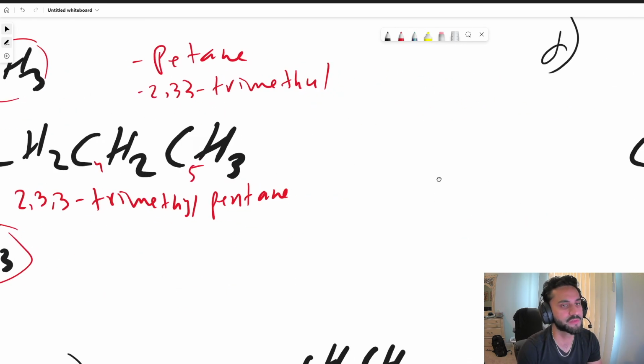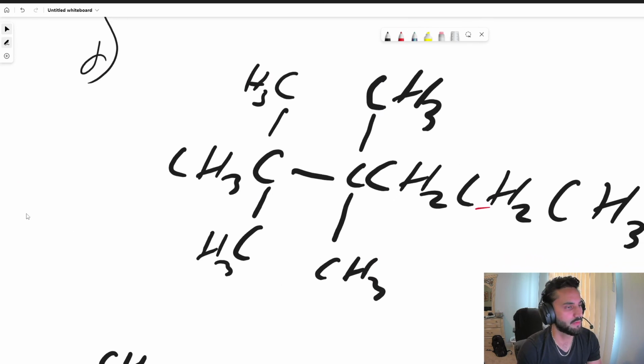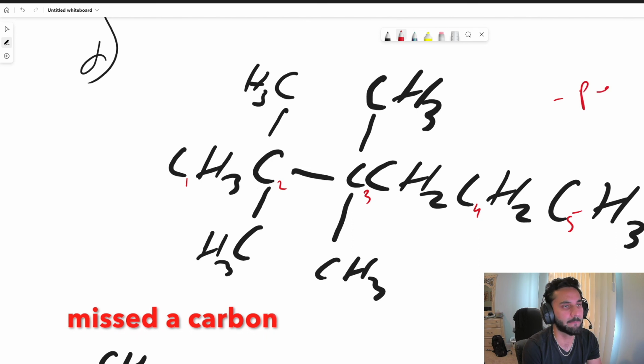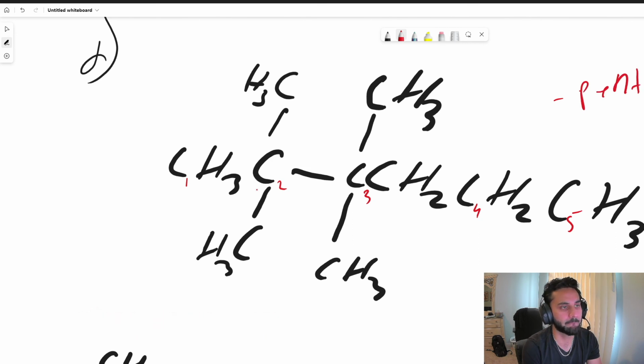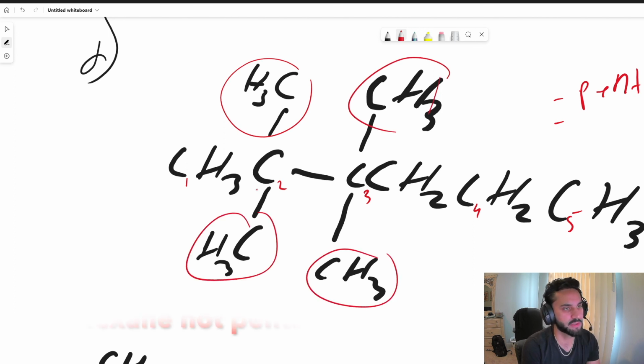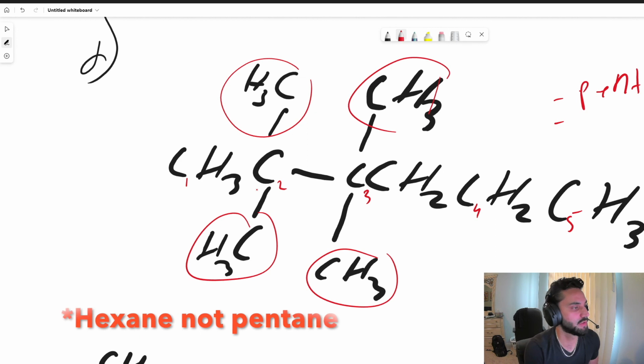All right, so let's go to D. Let me erase this. Like the last one, same idea. We're going to go from left to right because the substituents are closer to carbon number 1. So 1, 2, 3, 4, 5, we have a pentane. And looks like we now have 4 methyl groups involved in this chain.